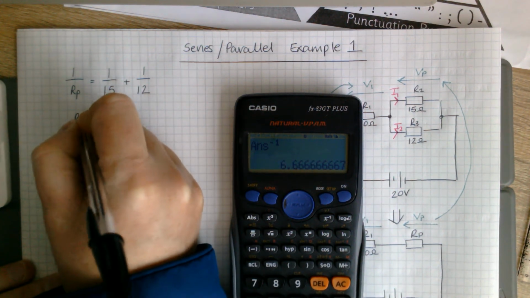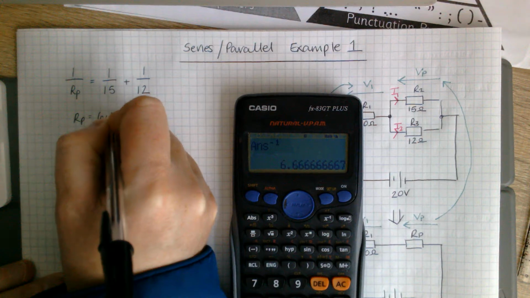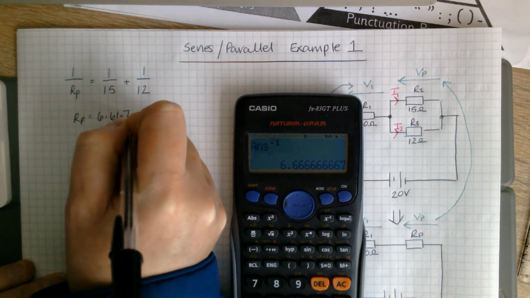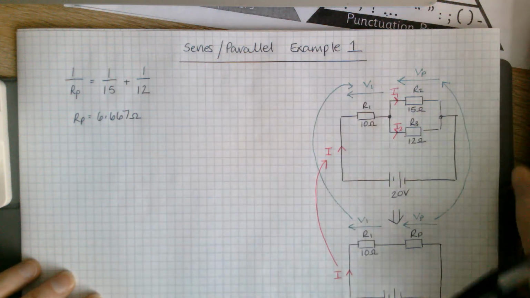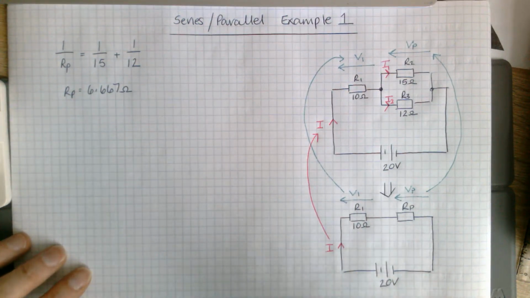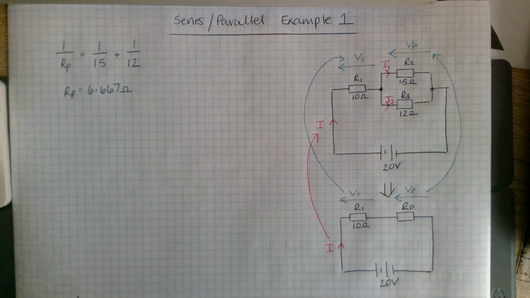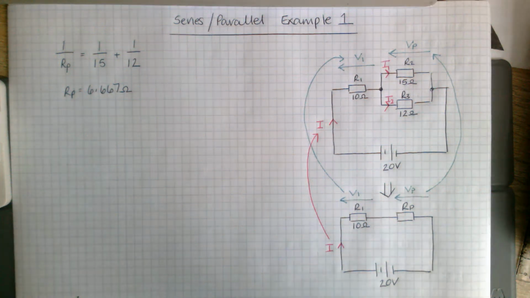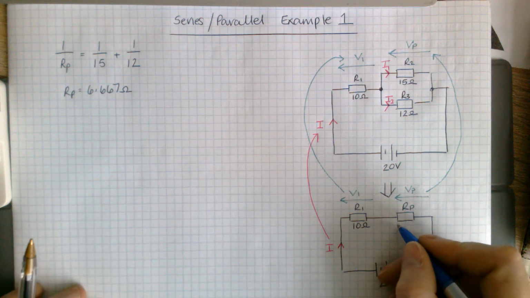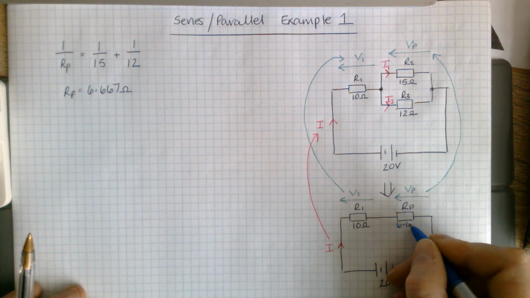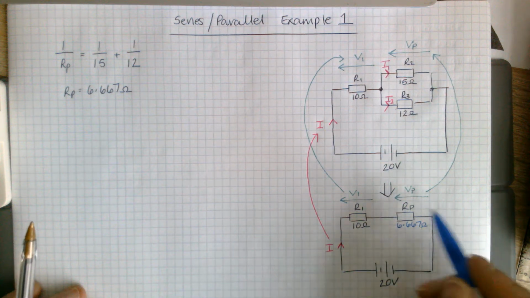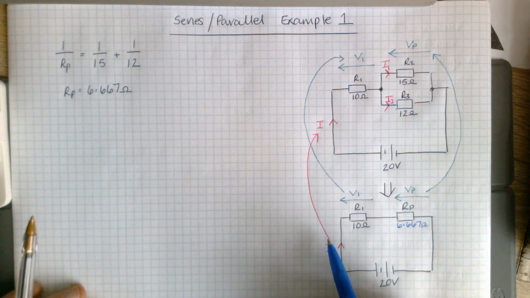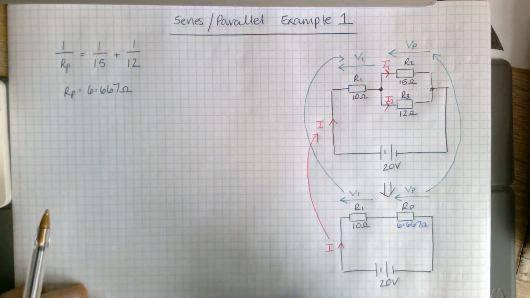So my RP value is 6.667, and that's to 4 significant figures. So I'm going to add this into my drawing, 6.667. And then I'm going to use this equivalent circuit to work out the value of I, V1 and VP.